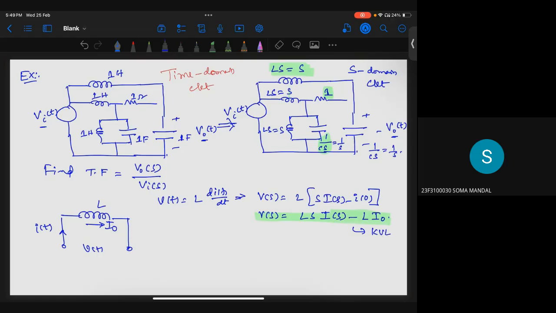So if a circuit is given to us, we can write the KVL equation. Now the KVL is given, let us write down the circuit.